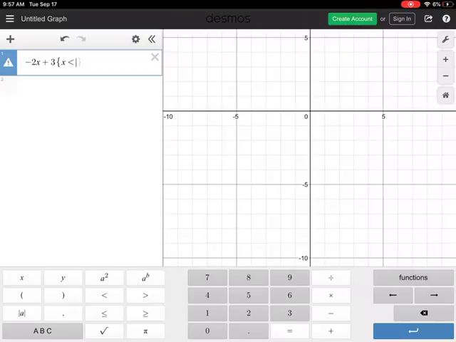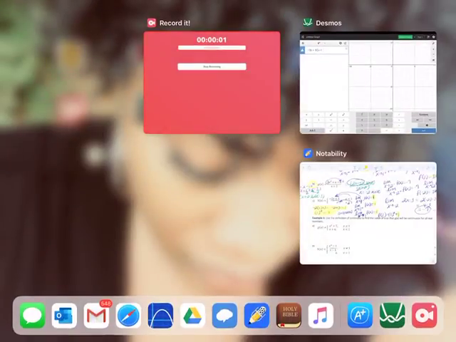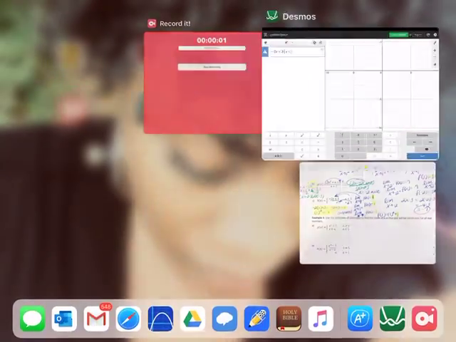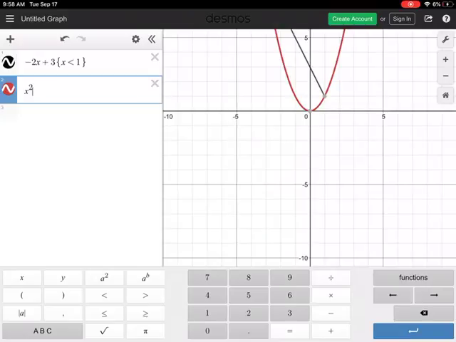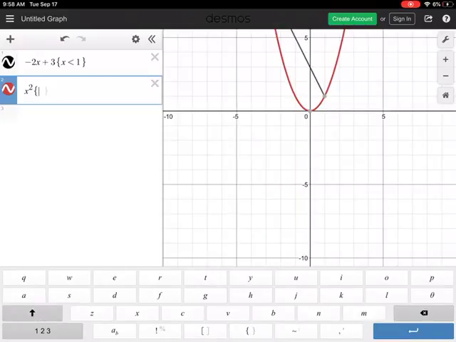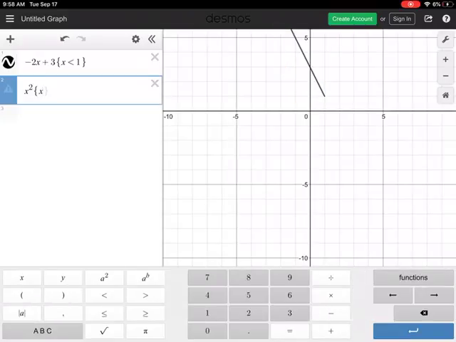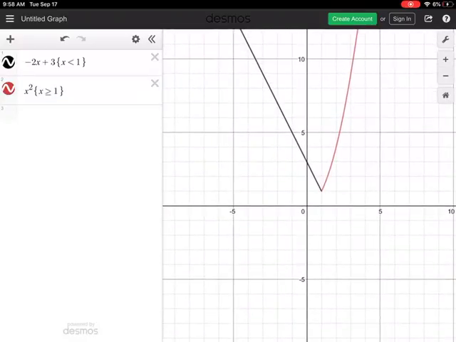Was it 1 or -1? Let's see. x is less than 1. So that's that first part. And the other one, which is x squared, put your restrictions in braces, and this is where x is greater than or equal to 1. So notice how the graph connects. It connects when x equals 1, at the y value of 1. They both have a y value of 1.